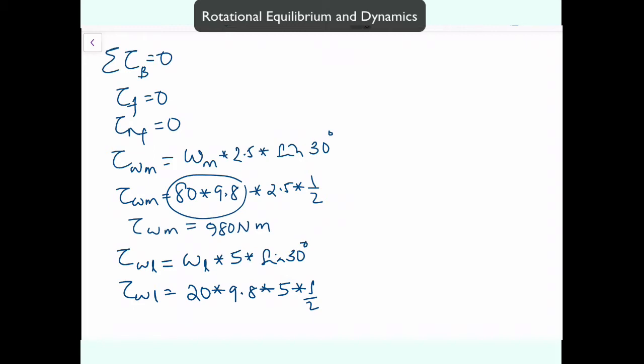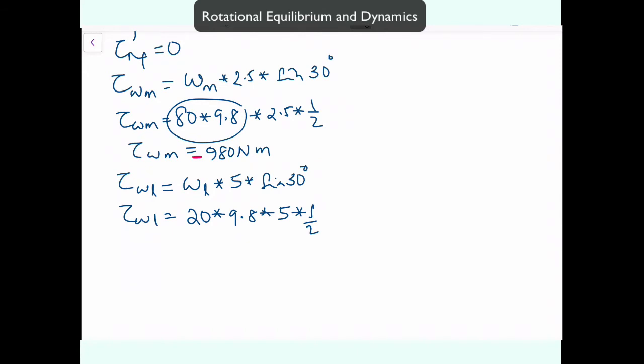As we already said, the torque created by the weight of the man is clockwise, so make sure that you put that negative value in front of the torque. Likewise, the torque by the weight of the ladder, if you simplify this, you're going to get 490, but make sure that you include a negative sign there.